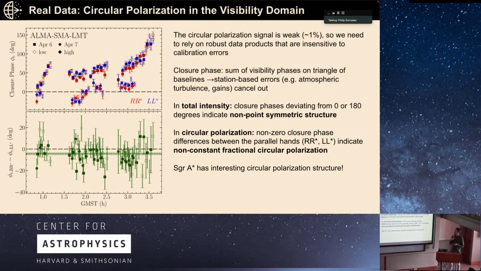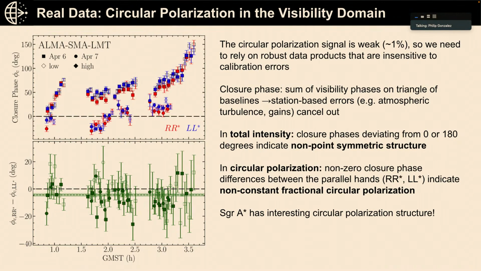So moving on to circular polarization. For circular polarization, a data product that we want to look at is the closure phase. This was also introduced by Avery. It's the sum of the visibility phases on a closed triangle of baselines. And in taking the sum over this closed loop, we cancel out station-based phase errors like those introduced by the atmosphere.